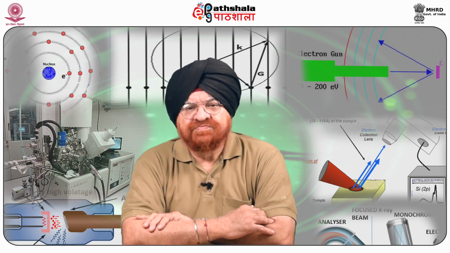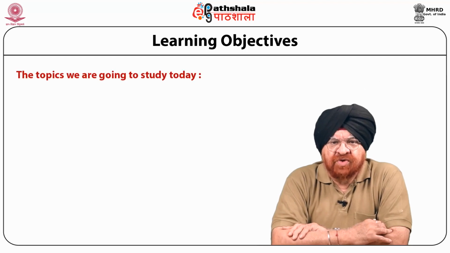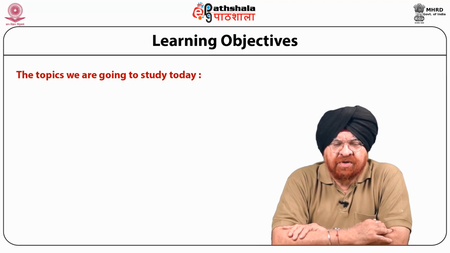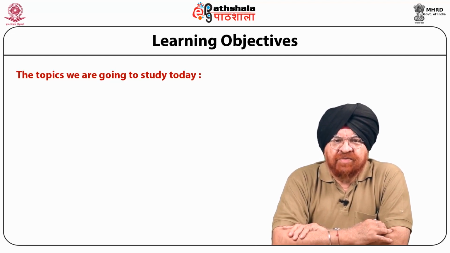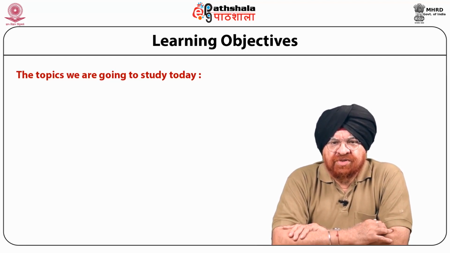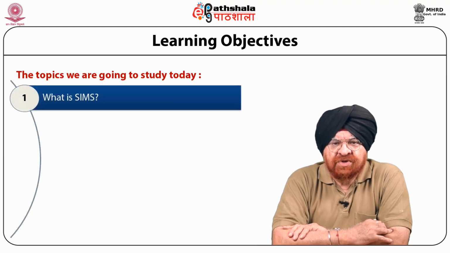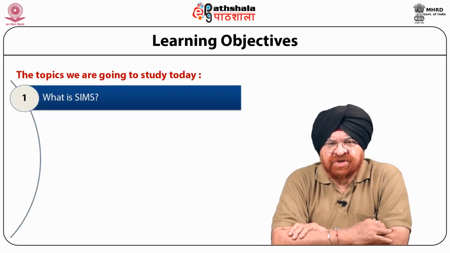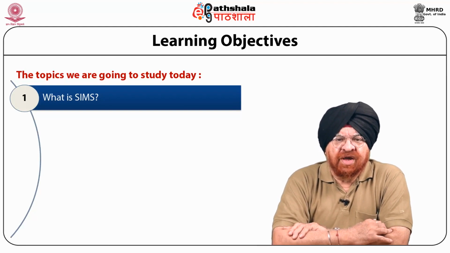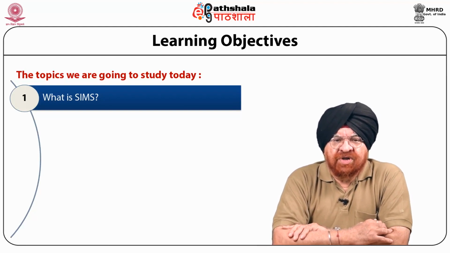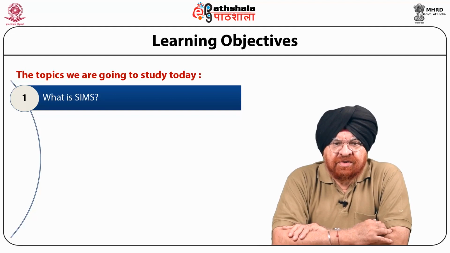So here we go. To begin with, I would like to give you a brief about this module. Initially, we will be studying the basics of SIMS, which, as I said, is abbreviated as SIMS. What exactly is this?